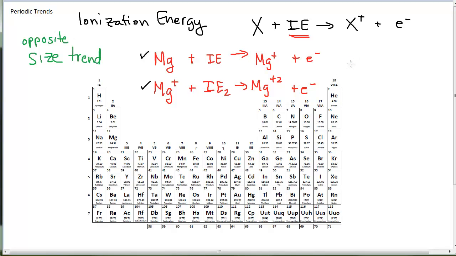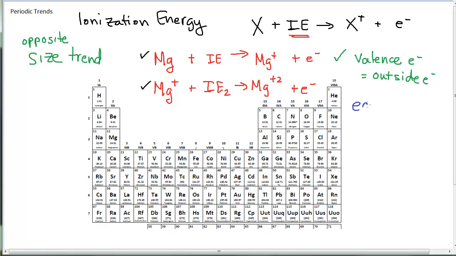The reason it is exactly opposite the size trend is because, recall from valence electron configurations of ions, you are removing the valence electrons. The valence electrons are the outside electrons. And so you are having to reach in and pull off the electron that is farthest away from the nucleus. And the farther away it is from the nucleus, the easier that's going to be.